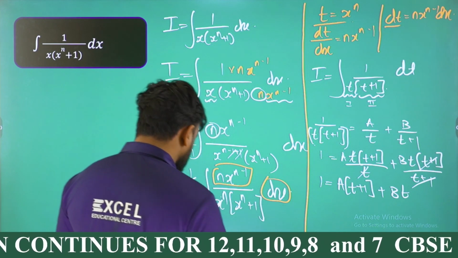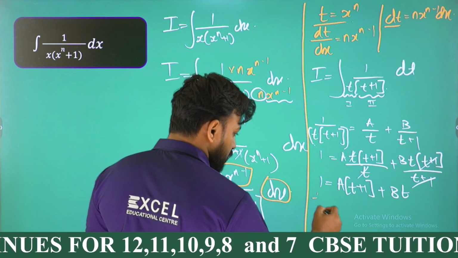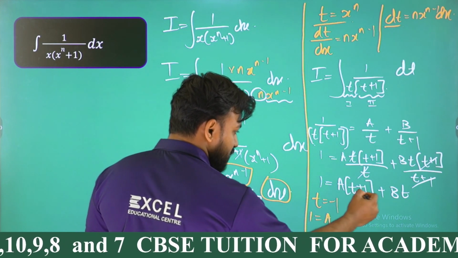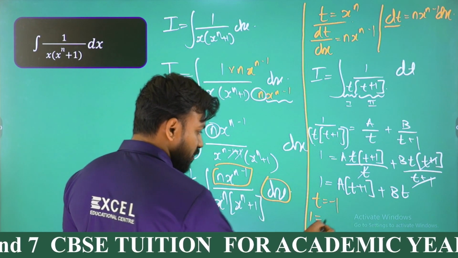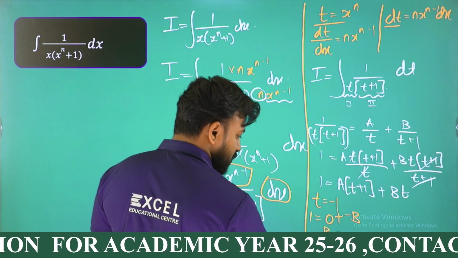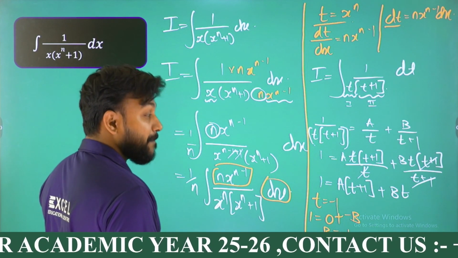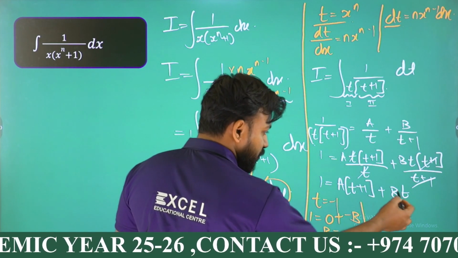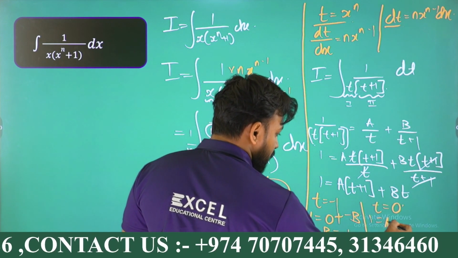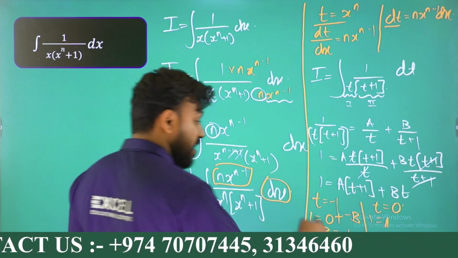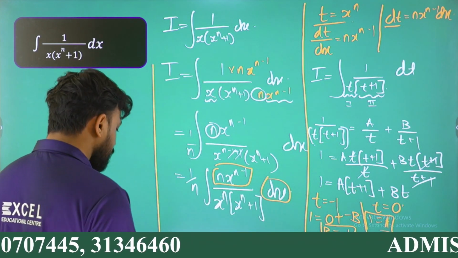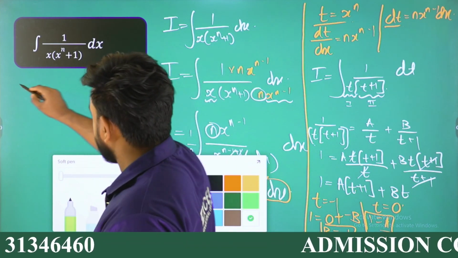Now let me substitute t is equal to minus 1. If I put t is equal to minus 1, 1 is equal to a into minus 1 plus 1, it becomes 0, plus b into minus 1 becomes minus b. So b is what? Minus 1. You got b is equal to minus 1. And when you put t is equal to 0, what you will get? This becomes 0. So 1 is equal to a. 0 plus 1 is 1. 1 into a is equal to 1. Ready? Now let me do the rest of the things here.